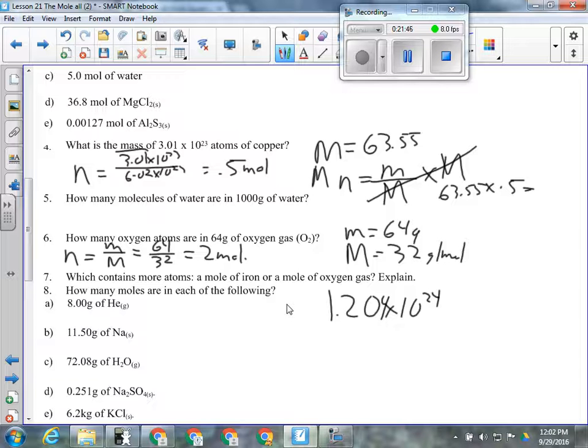In every oxygen molecule, how many atoms are there? 2. What do I have to do with that number to get the number of atoms? Multiply it by 2. That's how many molecules of oxygen there are, and every molecule has 2 atoms in it. So I multiply that number by 2, and I've got the number of atoms. The alternate way would have been to use the mass of one oxygen atom, 16, and you would have got the right number right off the bat. Either way works.